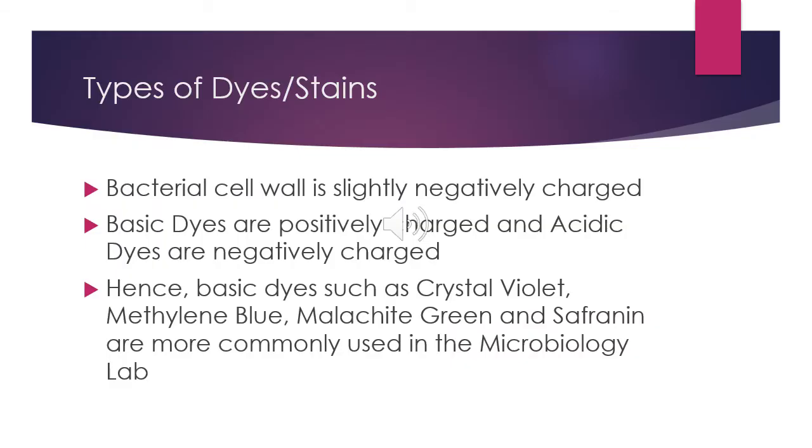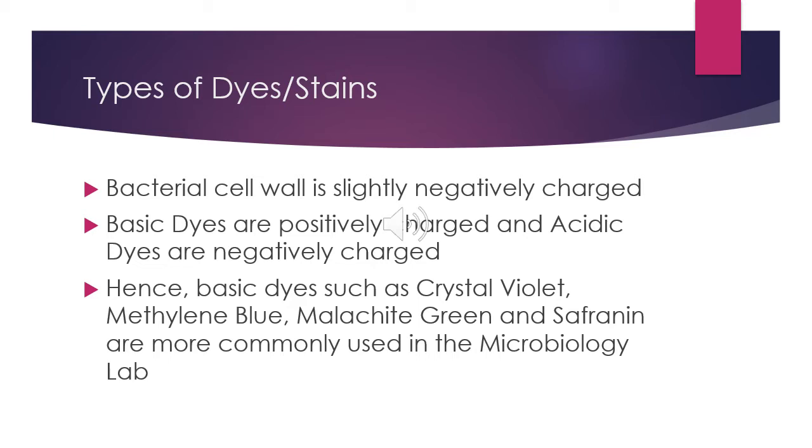Okay, after a good smear, we are now ready for staining. Types of dyes and stains that are used in the microlab include your basic and acidic dyes. The bacterial cell wall is slightly negatively charged physiologically.